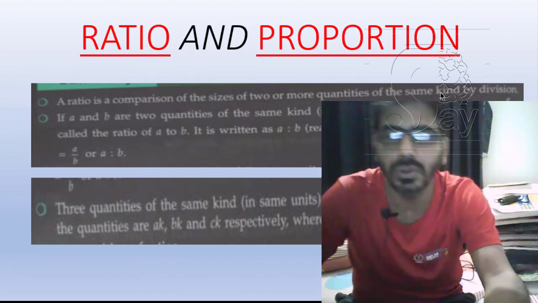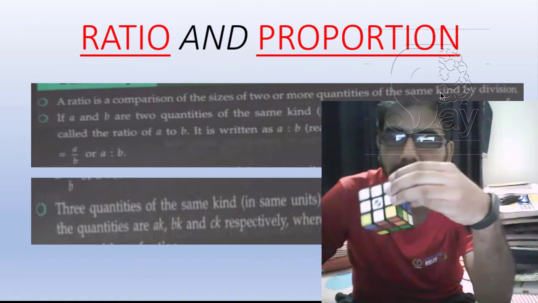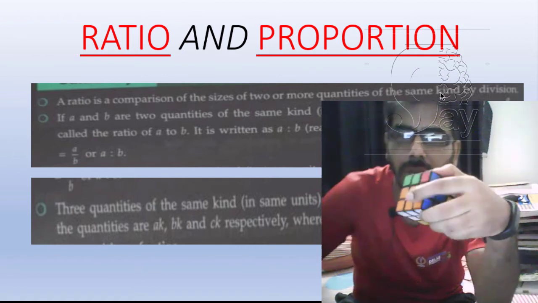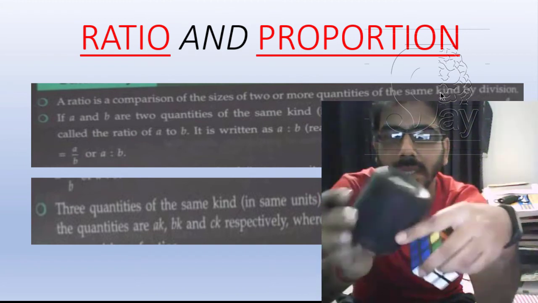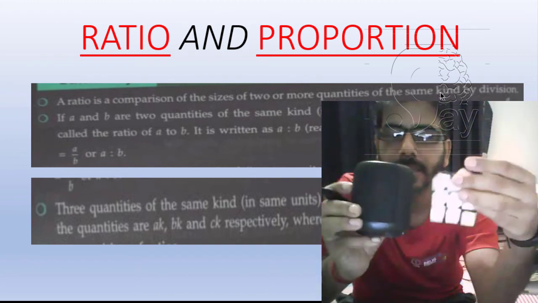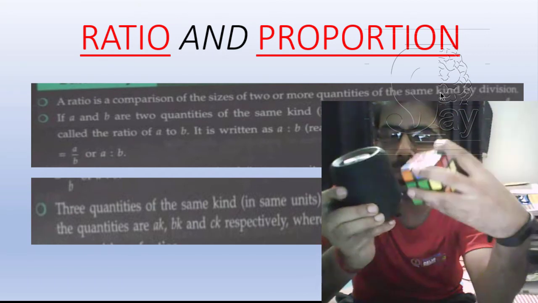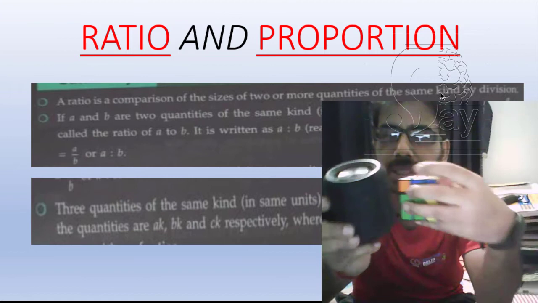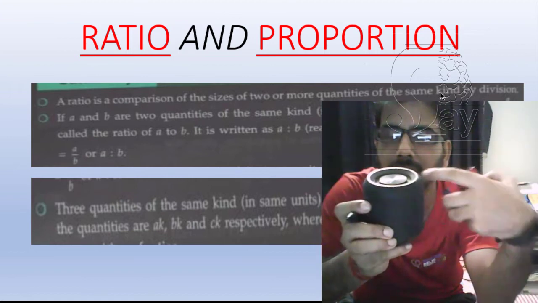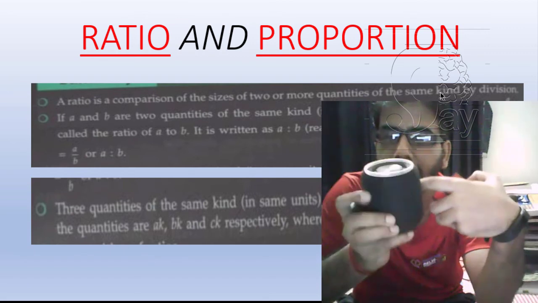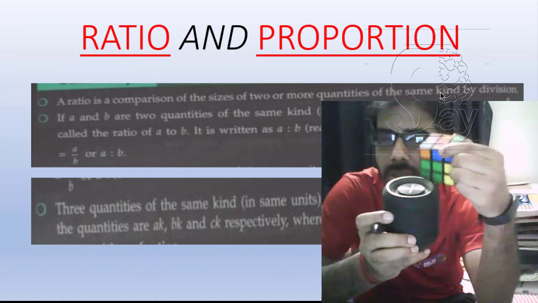Suppose I have here two objects. Everyone knows this, a Rubik's cube, all the sides are equal. Now I have another object and it is cylindrical in nature. Now when we compare these two objects, we have to compare the same unit. We cannot compare the weight of this cylindrical object with the length of this cube.